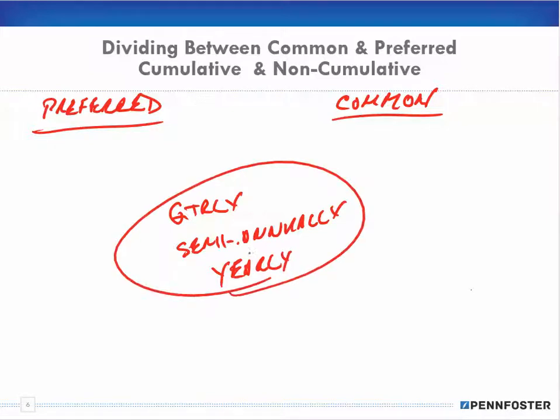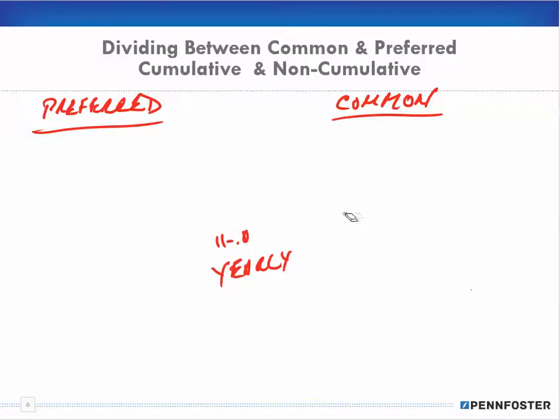Those are the three most common time frames for payment of dividends. Like I said, the blue chip stocks generally pay them on a quarterly basis. Today they have more of a tendency to pay them on an annual basis. Most smaller corporations generally pay them on a yearly basis. But we're talking about these as a one-off kind of thing. Let's just use yearly.